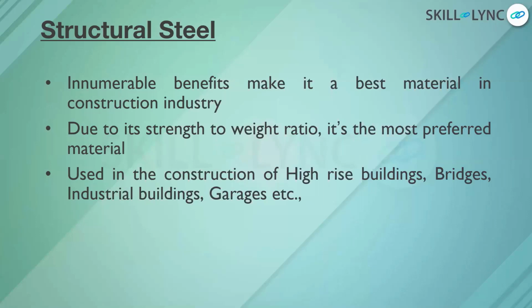Apart from that, structural steel is good in tensile strength, ductility, flexibility, and is cost effective. It is widely used in the construction of high-rise buildings, bridges, industrial buildings, warehouse sheds, garages, etc.